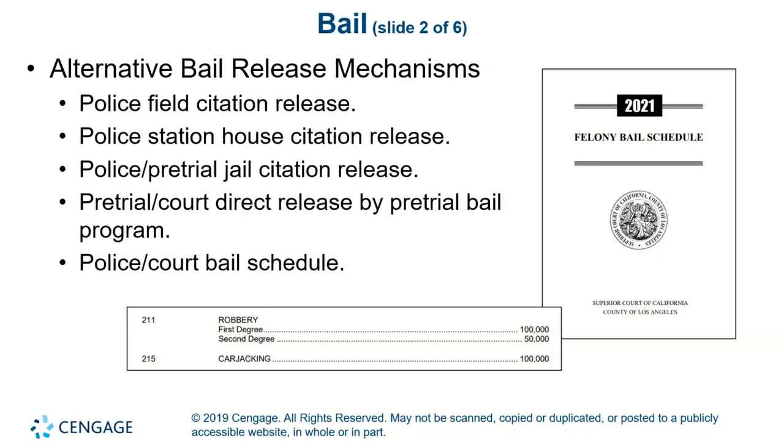And what this basically means is you're in custody at the station, you're going to get booked, and you're going to be sent to the local county jail, but there you're going to get cited and released. But you're going to go through that whole process of being booked, etc.